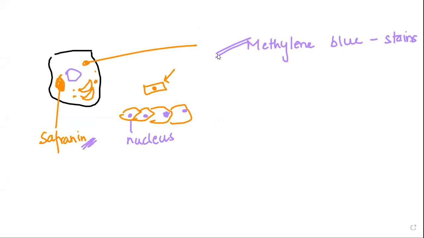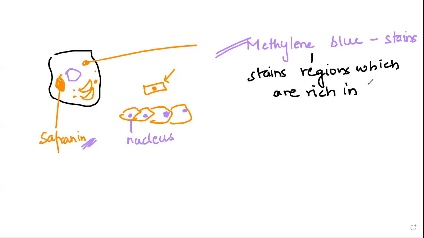Okay, so coming back to methylene blue: it stains regions which are rich in DNA, RNA, right? What do I mean by rich in DNA, RNA?